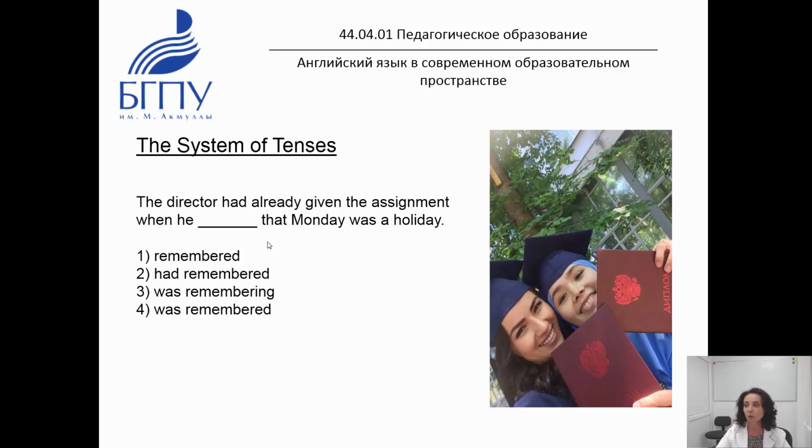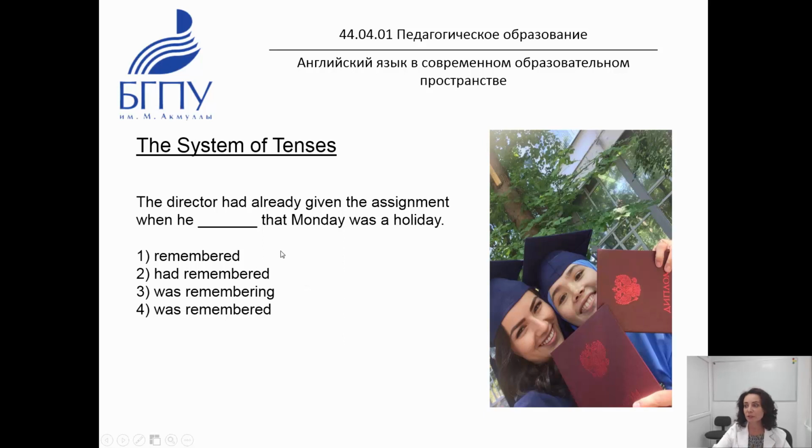What comes first, what comes second. Naturally, then, first the director gave the assignment and then he remembered something. That's why to show the priority of the action, we use past perfect tense in the first clause and past simple tense in the second clause. So number one is correct.